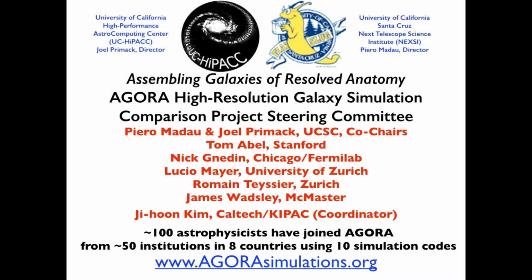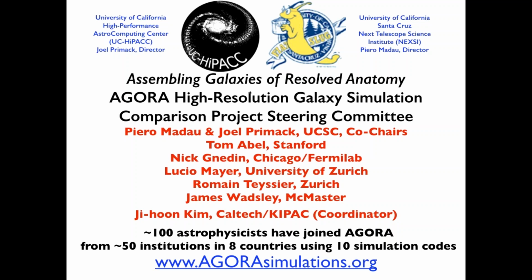A number of leading people in the field are members of our steering committee. Ji-Hoon Kim has played a tremendously important role as the coordinator for this project. He was a postdoc here in Santa Cruz, then at Caltech, and most recently at KIPAC at Stanford as an Einstein Fellow.